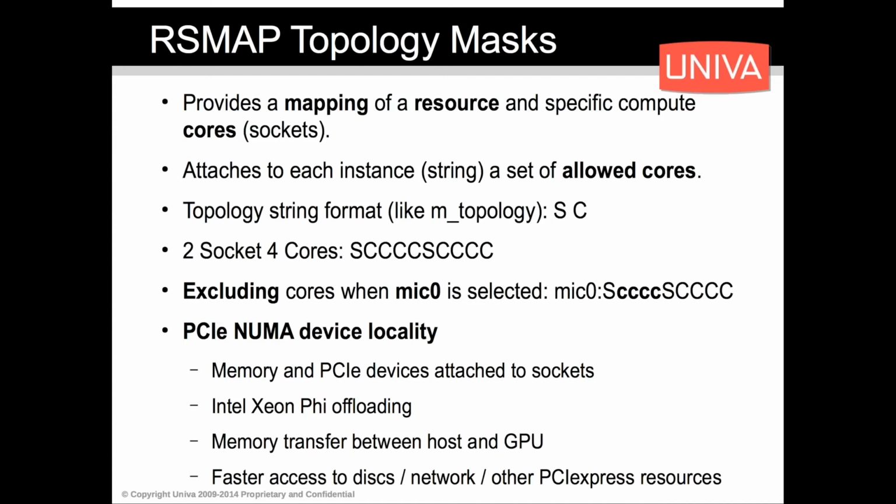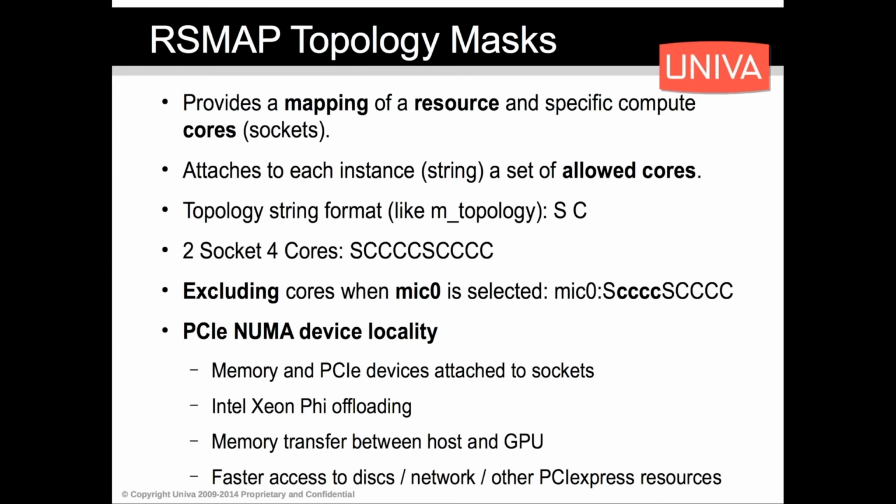Now you can apply such a topology string, or how it is now called, a topology mask, because you can mask out cores in the complex values configuration. Here in this example, we see mic0 in the string we saw before, and then just a colon and the topology string is attached additionally.